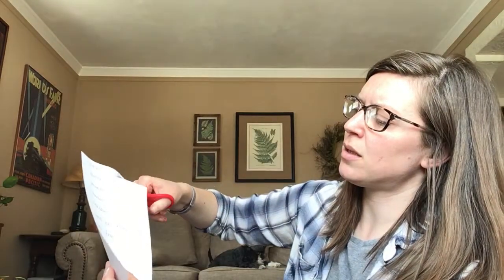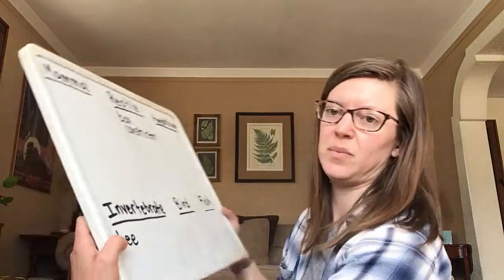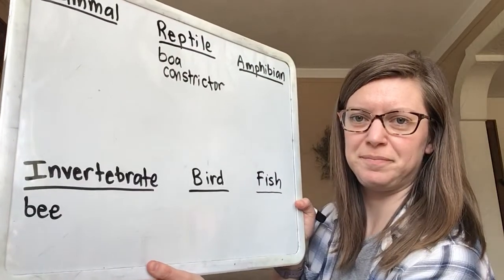So if you are at home and you've got your scissors, you could cut it out and sort it as an invertebrate. Otherwise, I'm just going to add it to my list right here. Bee. A bee is an invertebrate.